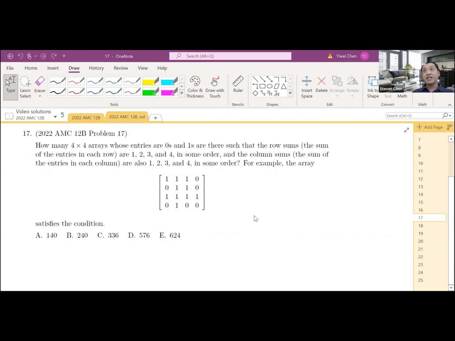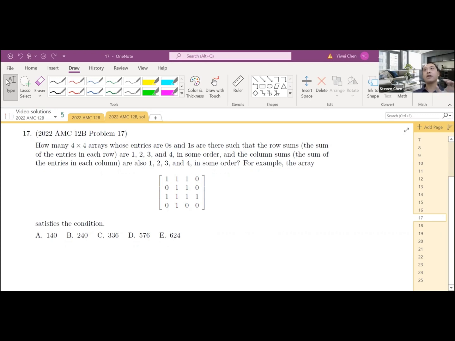Given this observation, every feasible matrix could be obtained through such swapping operations, maybe one swapping operation or some combination of swapping operations, starting from a benchmark matrix.